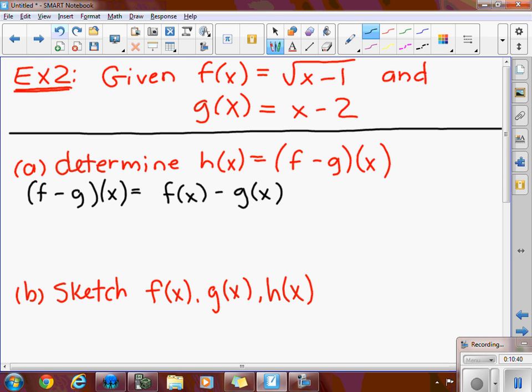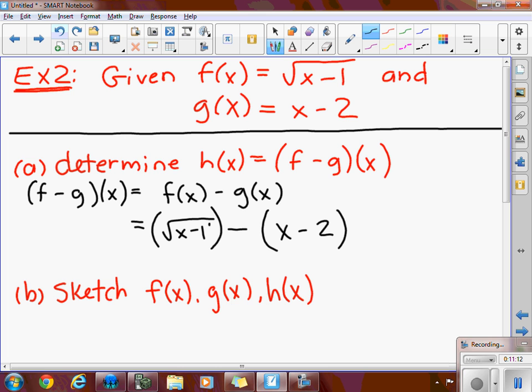So when we substitute things in, f of x is the root of x minus 1. We should substitute that in brackets. Minus g of x. That means in brackets, x minus 2. What would happen if we forgot those brackets? You'd be wrong, yeah. Why would we be wrong?